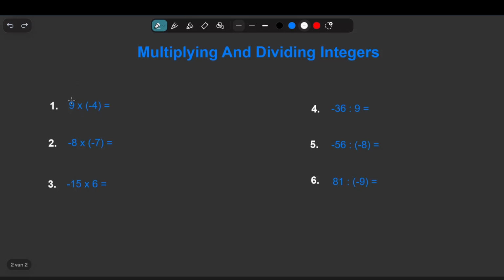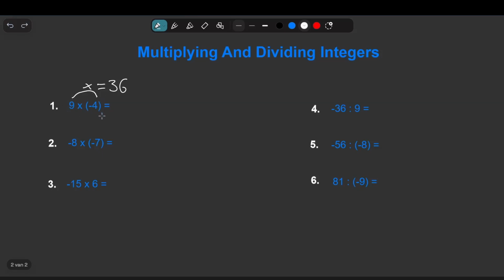Now we're going to just multiply the numbers. So 9 times 4 equals, I will give you guys 3 seconds to do this. 1, 2, 3. 9 times 4 equals 36. So our final answer is not going to be 36 because, again, we're multiplying a positive with a negative.